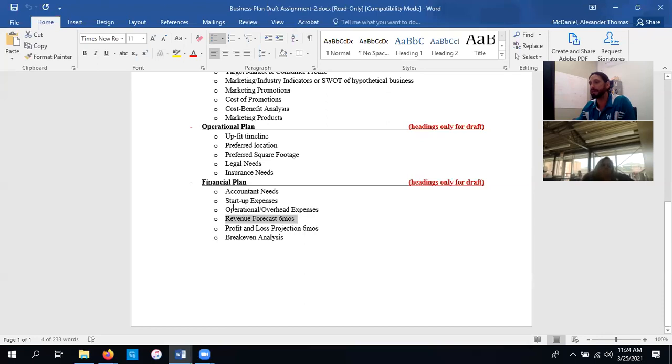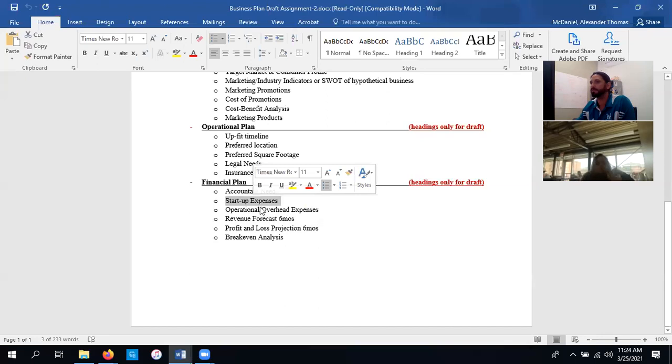Then you take this per month, times it by 6, minus this, and then that's your profit loss projection at 6 months. So your total expenses minus your total, and then add in this because this is your first 6 months.